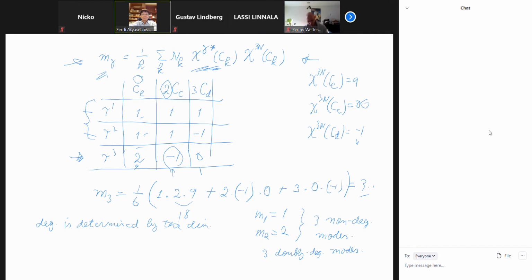But the character table shows it should be threefold. Yes, so if you break the symmetry, then you can split those vibrational modes. Okay. Yeah.